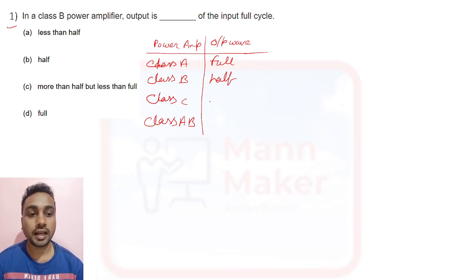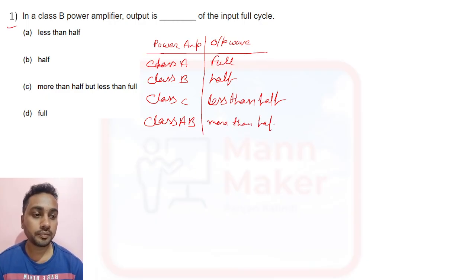In class C it will be less than half cycle of the input, and in class AB it is more than half but less than the full input cycle. Okay, these four points you need to remember, anything they will ask in the exam.